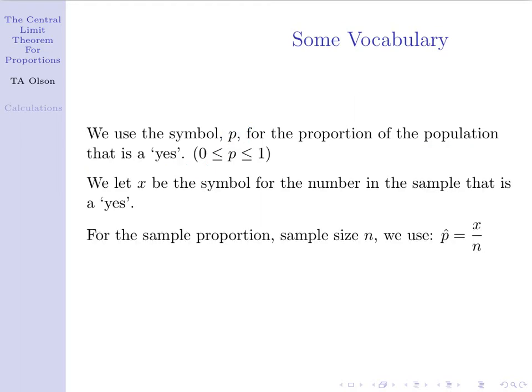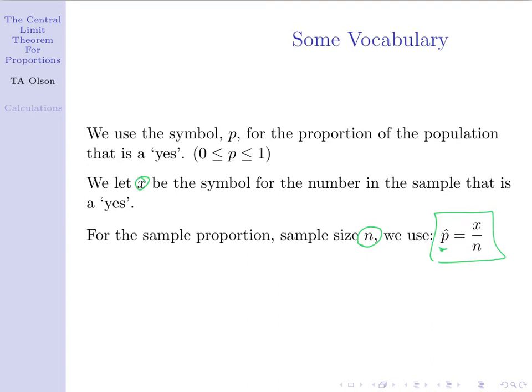In our data set, we're going to let X be the symbol for the number of the sample that are yeses, right? So that would be the 17 of her friends that liked the show. And for the sample proportion of sample size n, that's 26 for our scenario, we're going to use the symbol P hat.